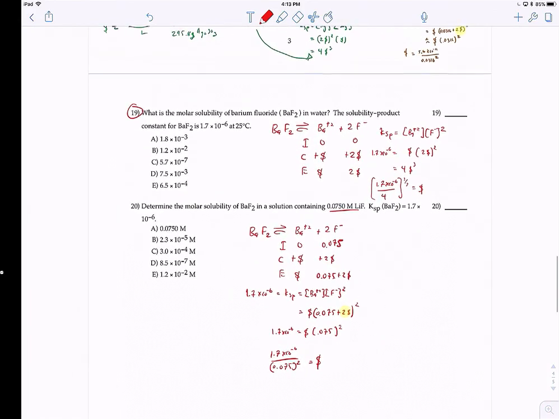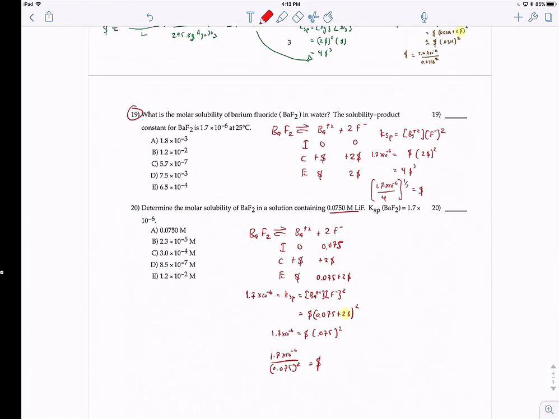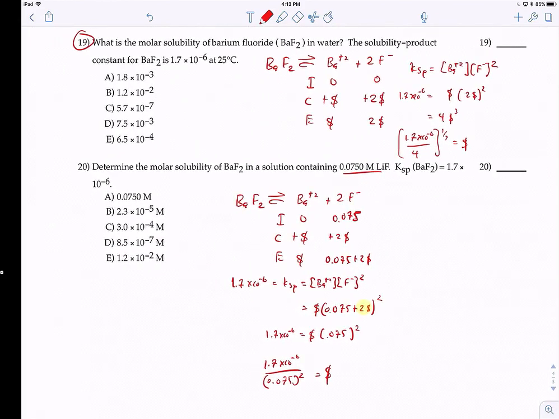Okay, so these are similar. You have the solubility product constant, so number 19. This one has no common ion, so you start with 0 of both barium and fluoride and shift right. The most difficult part is don't forget to square the 2 inside, so it's going to be 4 times the molar solubility cubed when you write out the expression.